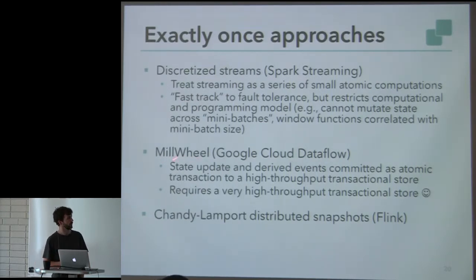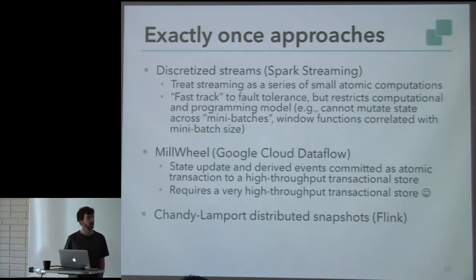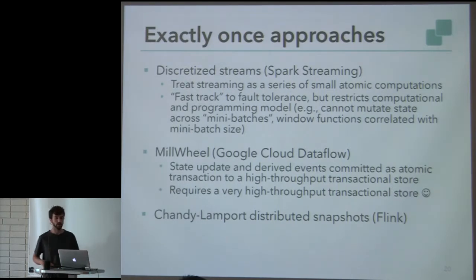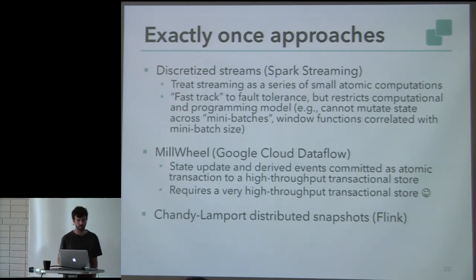Then there's Google MillWheel, which has a really fancy key value store that supports transactions, where they persist the state for every update they perform, every record basically. And then there's the Flink approach, which uses a distributed snapshotting algorithm called Chandy-Lamport.